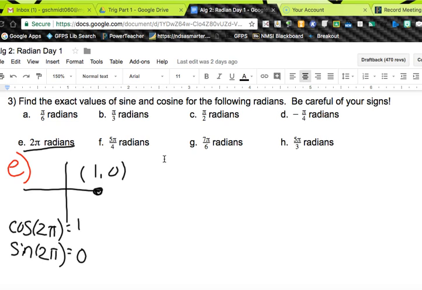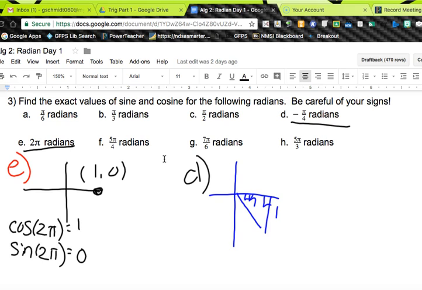Let's do D. So D, negative pi over 4. That negative angle just means do you measure up or do you measure down? Down. Pi over 4, you know. What's pi over 4? 45. So this just means down 45. Does this look familiar? Is it the exact one we just did?